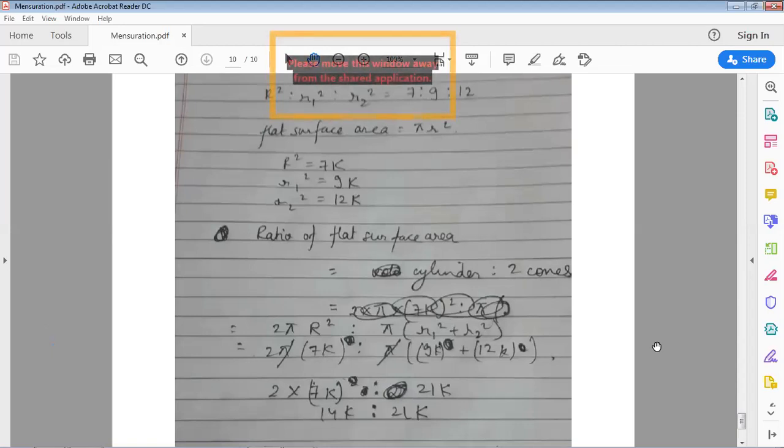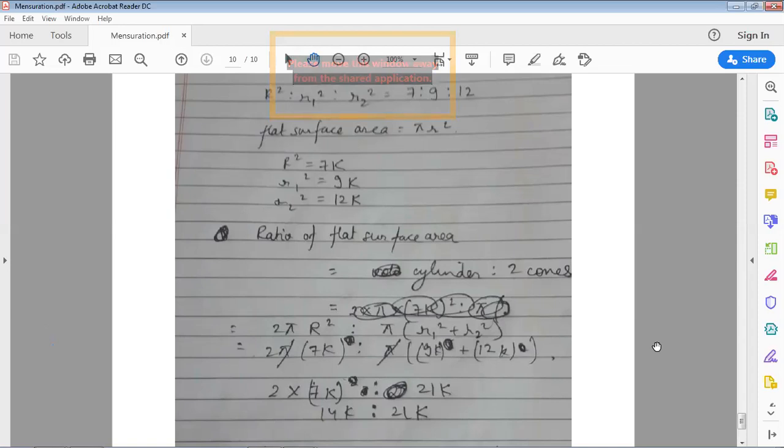So how do we do it? I know the flat surface area of the cylinder is the area of the circles of the bottom and the top. So that's why I have written 2 into pi r square is to the area of the circles of the two cones, that is pi r1 square plus r2 square.